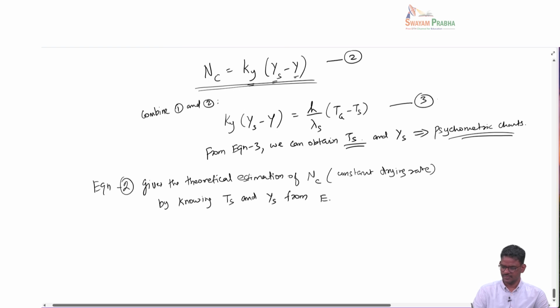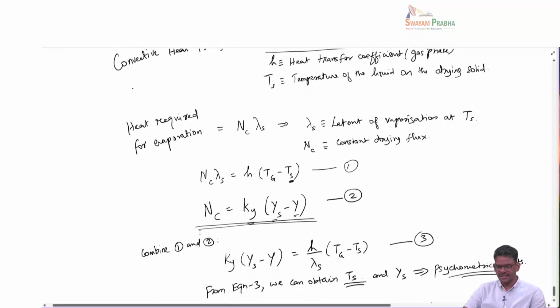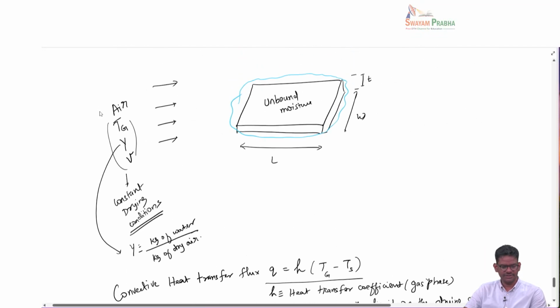Now the next objective is, looking at equation 2, we can look at correlations for the heat transfer coefficients and mass transfer coefficients, because we know how to find the correlations. The use of such correlations is the following: this Nc, the constant drying rate, is for a given set of drying conditions. Now let us say I change the flow velocity.